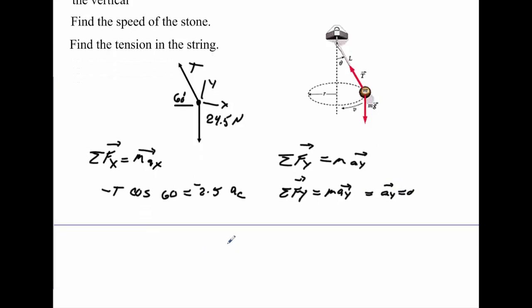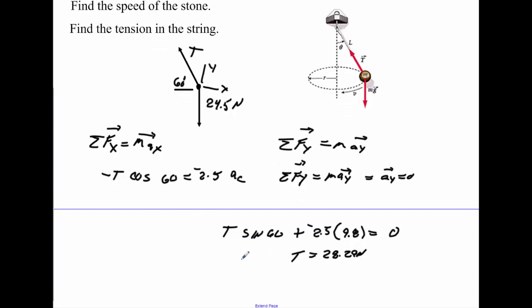So that gives me T times the sine of 60 degrees plus 2.5, make that negative so we're going down, times 9.8 must equal 0. Run that number and you'll get T is equal to 28.29 newtons.